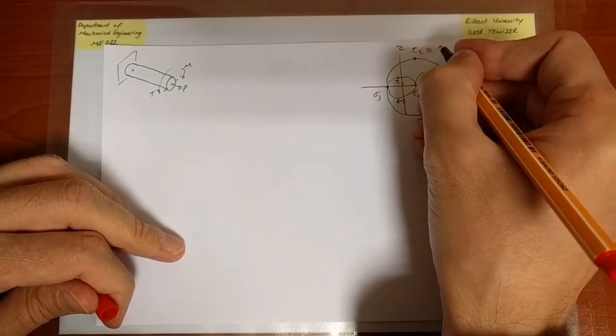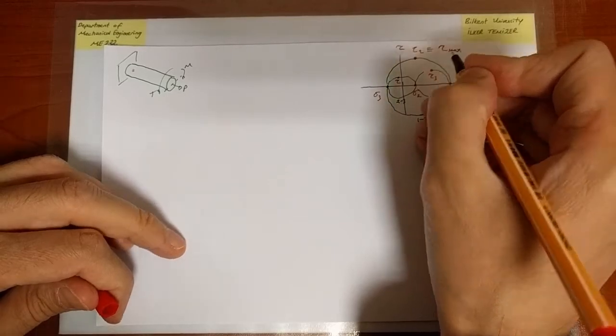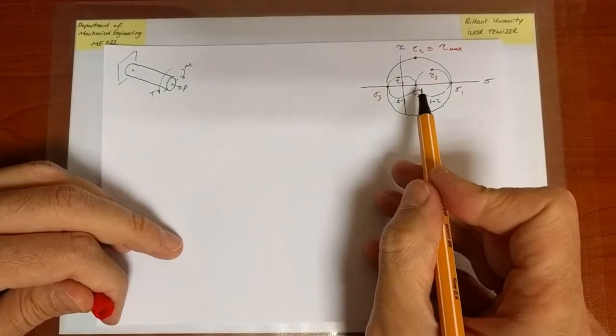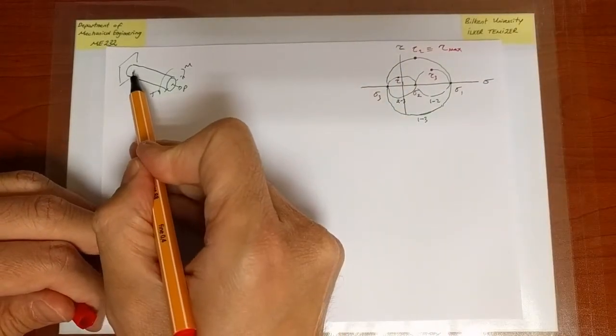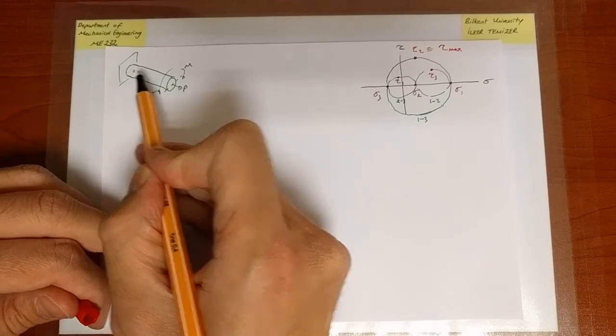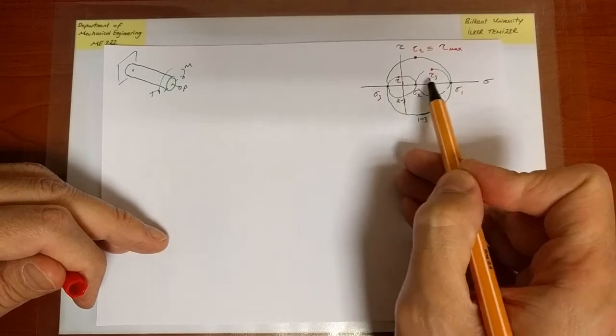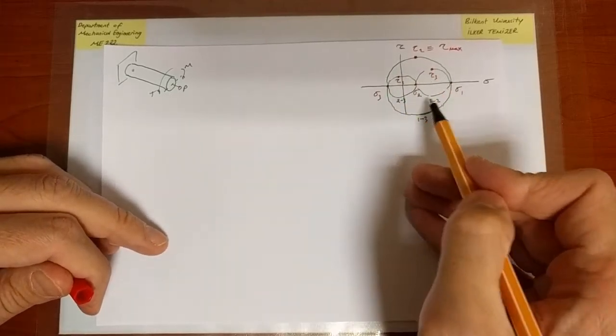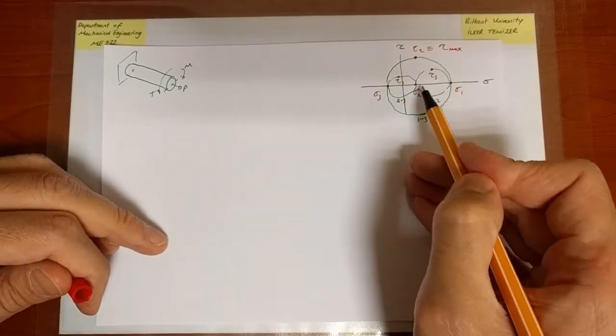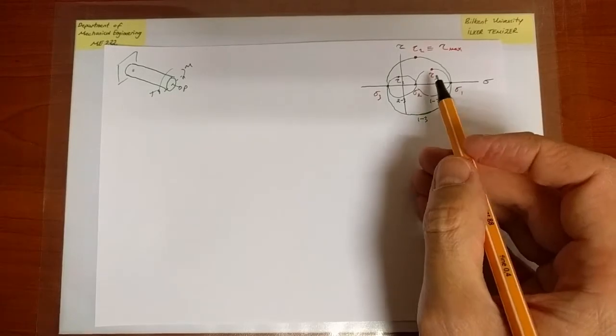So that is equal to the maximum shear stress that I encounter at that point in the structure. We can also call it the absolute maximum, in the sense that it's the absolute max among all the max values that I observe on each circle.